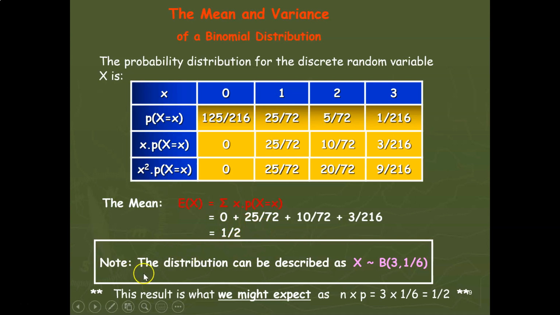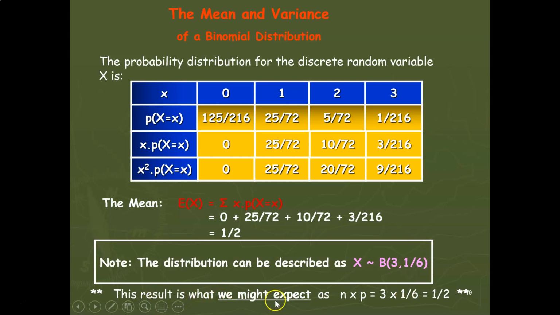The distribution can be described as X following a binomial distribution where n equals 3 and the probability of success, p, equals 1 over 6.